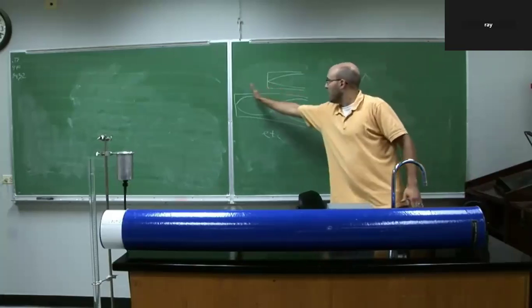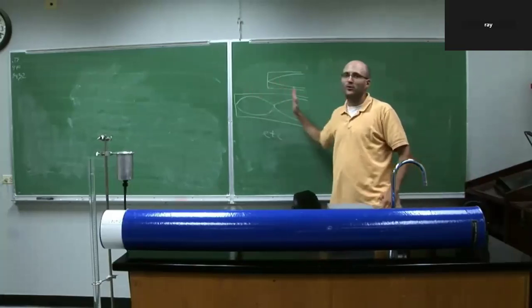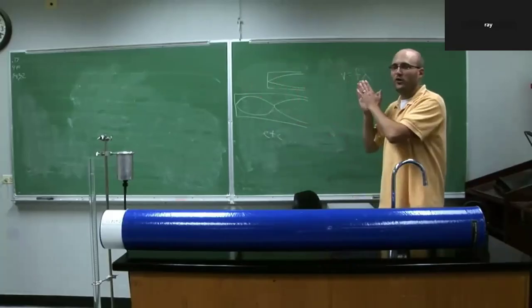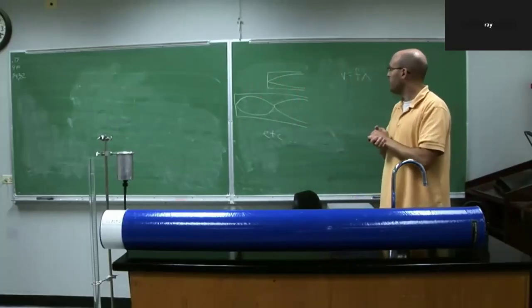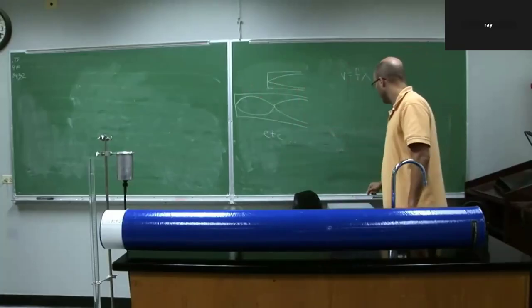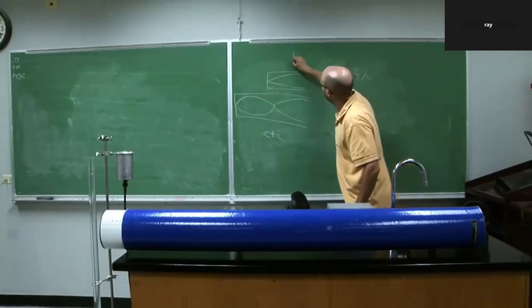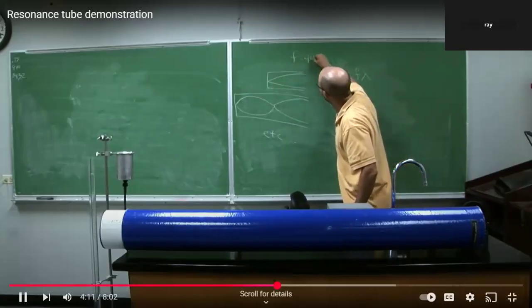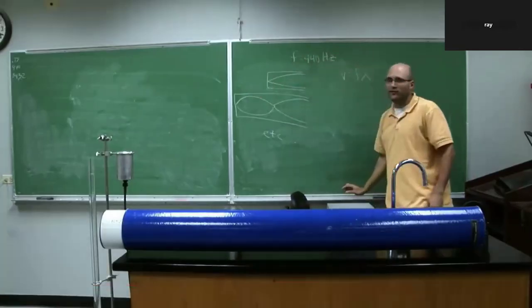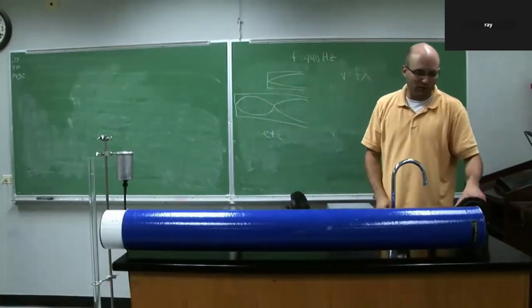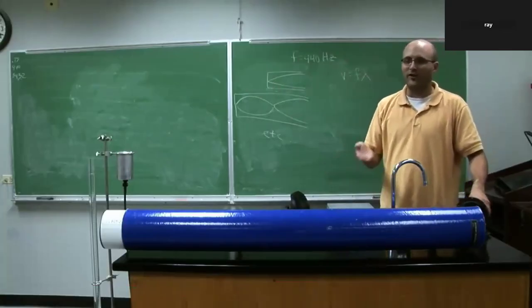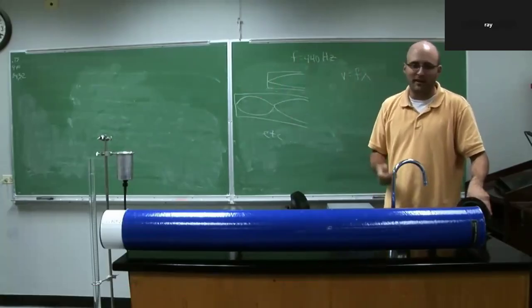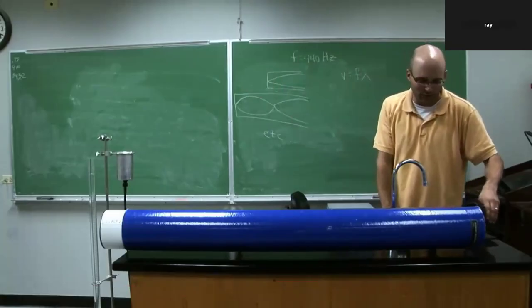All I care is how far you have to lengthen it to go between one loud position and the next, because the difference between those will give me half a wavelength. I'm messing with a frequency here of 440 Hertz. We will find out what the wavelength is, and hopefully, even though this is a really quick and crude measurement, we can get a speed of sound similar to what we expect.